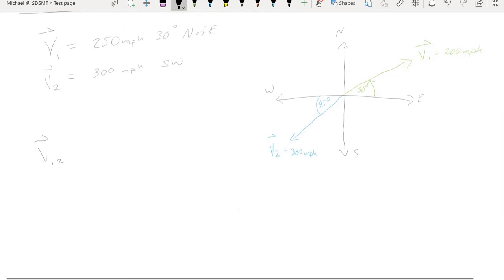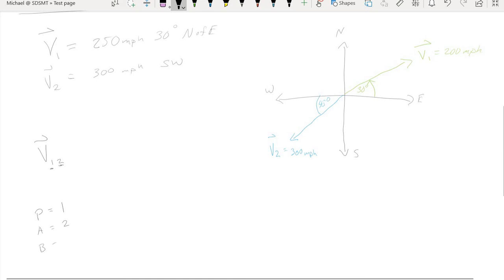And just keep in mind the way that this is written. We want the velocity of plane 1. Plane 1 is what we're interested in. Plane 1 is what we're looking at. So our point of interest is plane 1. What are we measuring with respect to? We're measuring with respect to plane 2. Plane 2 just became the first reference frame in our problem.